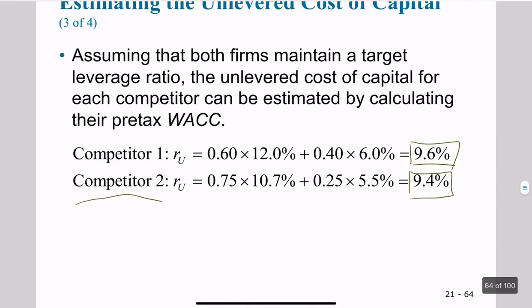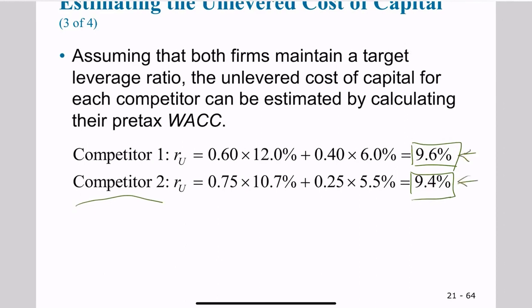So why do we want to find out comparable firms' unlevered cost of capital? Well, because we want to use these comparable firms' unlevered cost of capital as our own project's unlevered cost of capital, right? So you can see that here we have two firms, so we have two numbers. And we could just use the average of these two numbers, right?